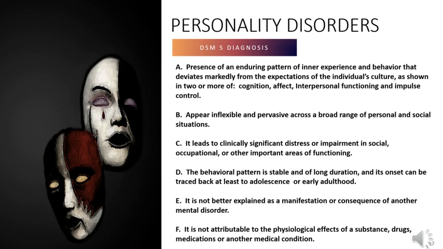E. The enduring pattern is not better explained as a manifestation or consequence of another mental disorder. F. The enduring pattern is not attributable to the physiological effects of a substance such as illicit drugs or medications, or another medical condition, for example, head trauma.